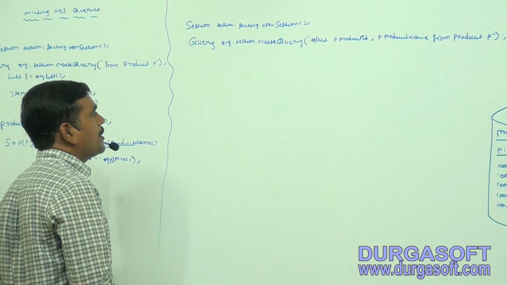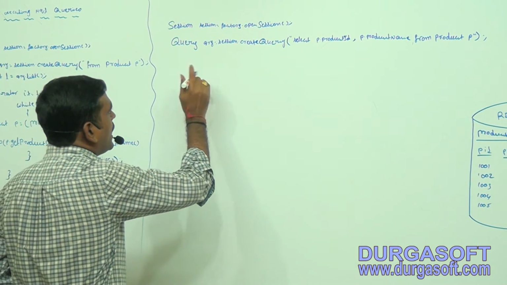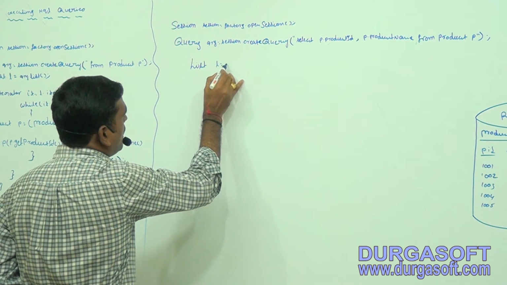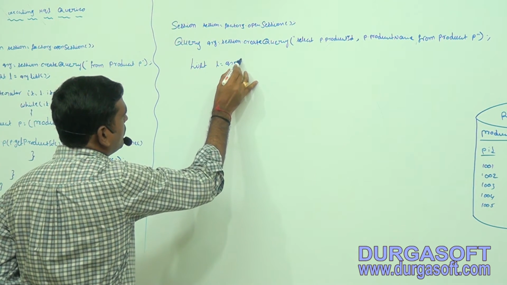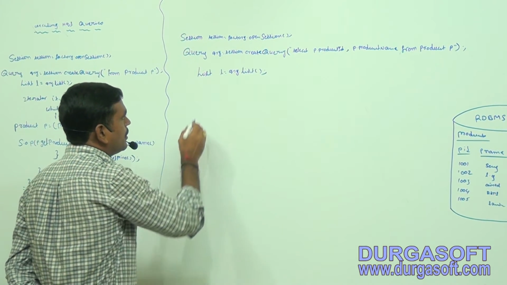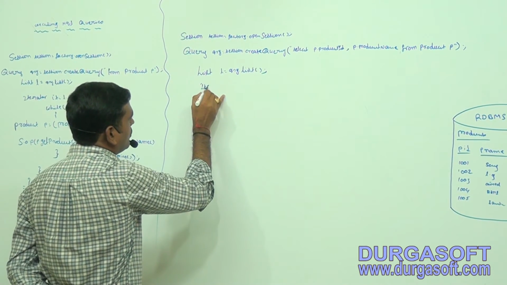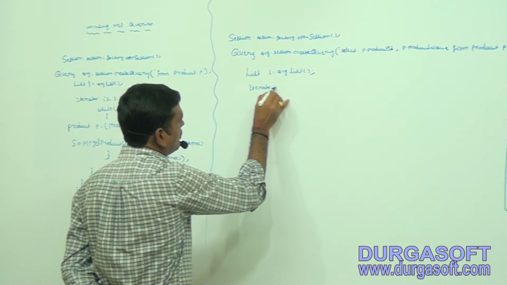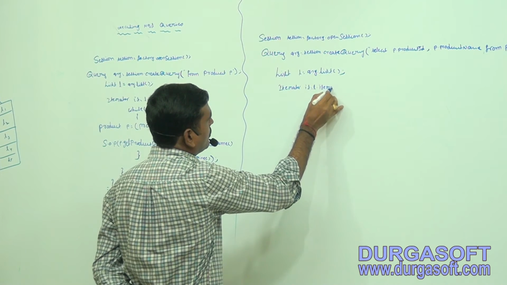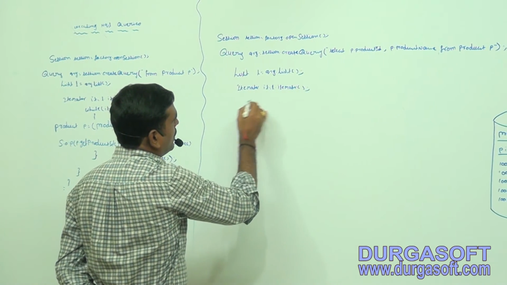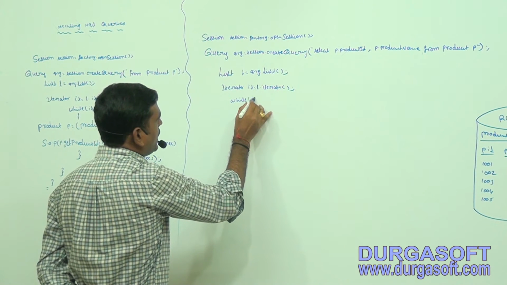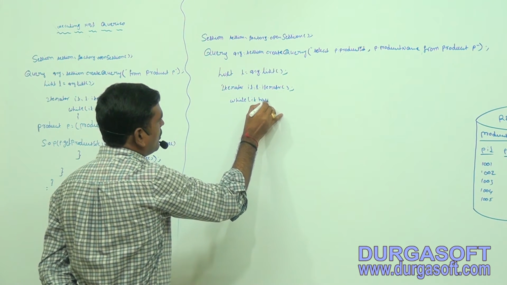After that what we have to do, get the list object, List l is equal to query dot list method. After that Iterator it is equal to l dot iterator. After that while it dot has next.